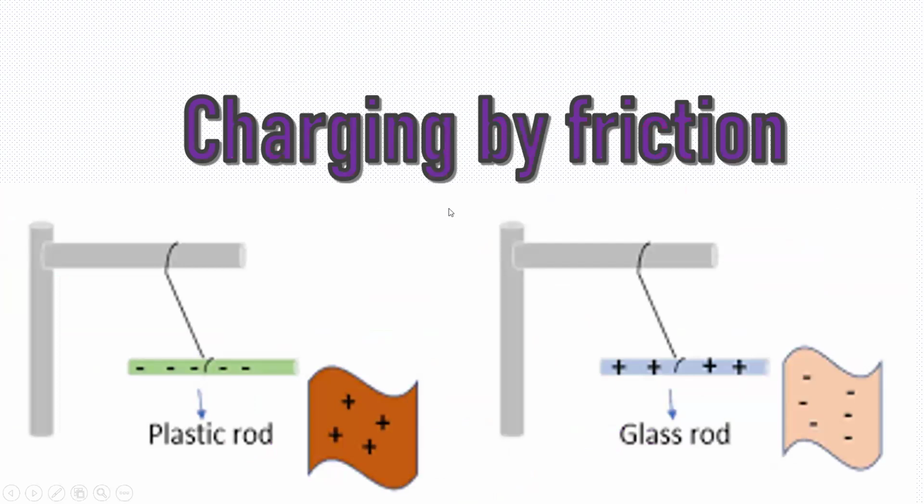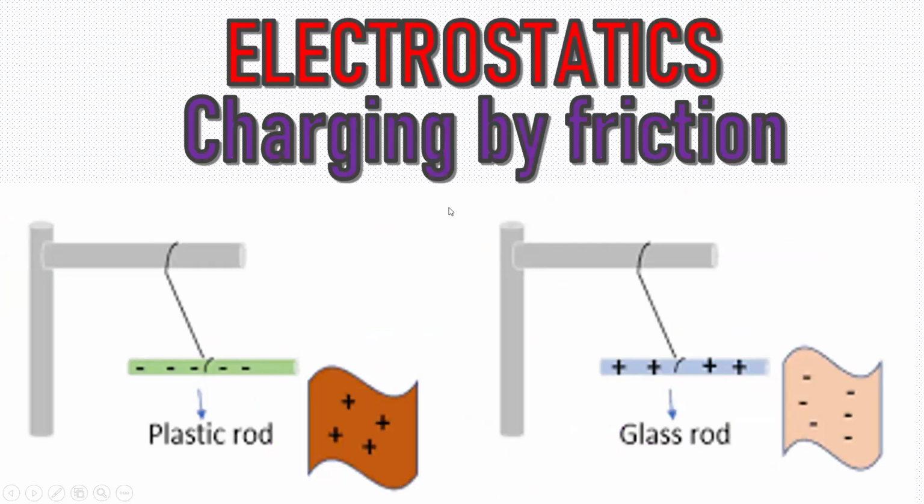Okay, we have charging methods, charging by friction. If you have a plastic rod and a cloth, initially both of them are neutral. Neutral means zero charge, 0 coulombs each. So when you rub them, electrons move from the cloth to the plastic rod.